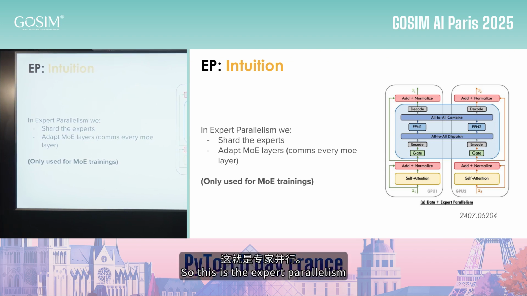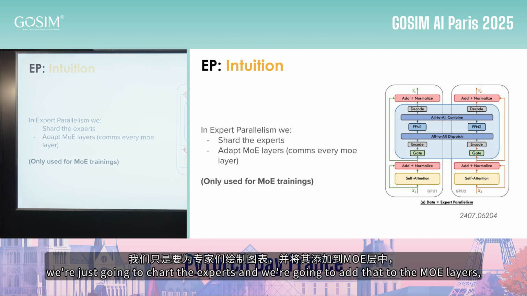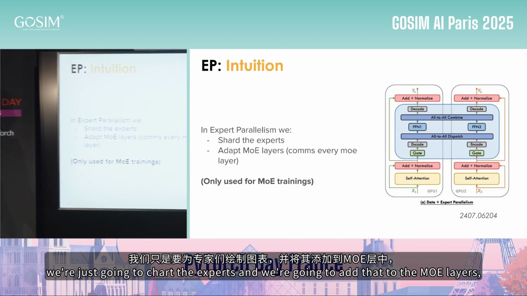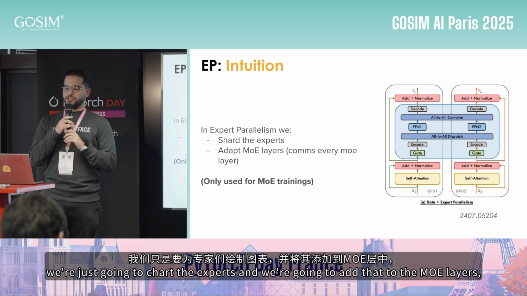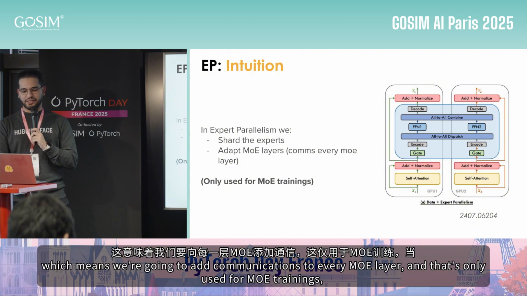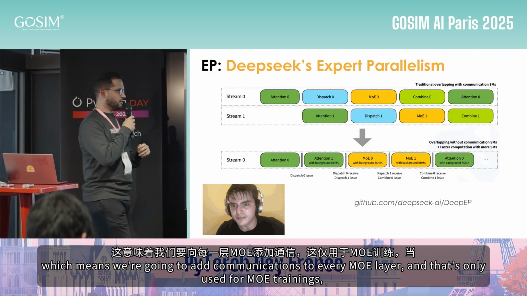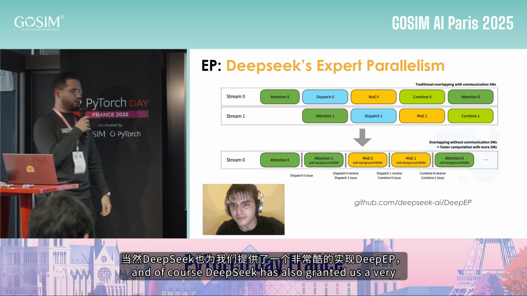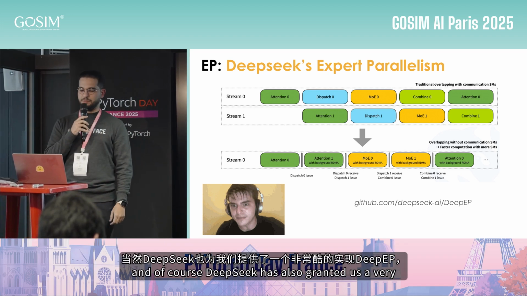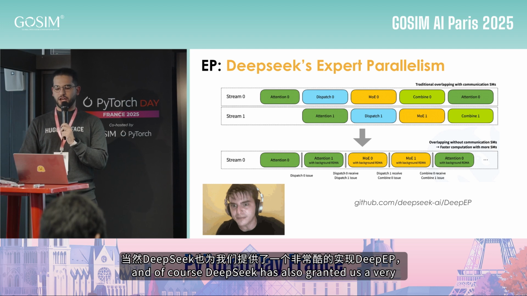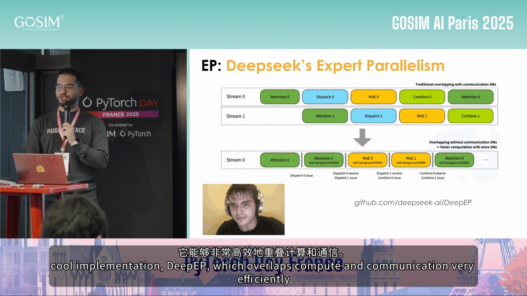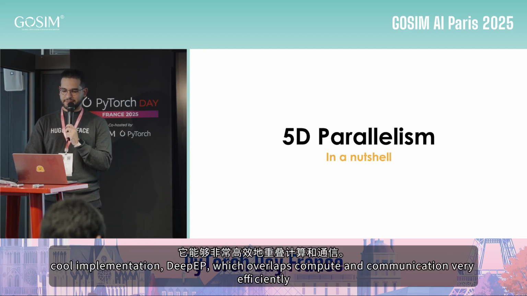So this is expert parallelism. We're just going to shard the experts and adapt the MoE layers, which means we're going to add communications in every MoE layer, and that's only used for MoE training. And of course, DeepSeek has also granted us a very cool implementation, DeepEP, which overlaps compute and communication very efficiently.